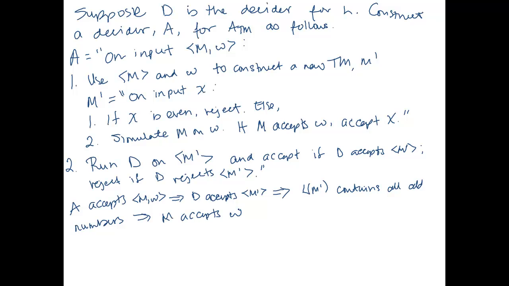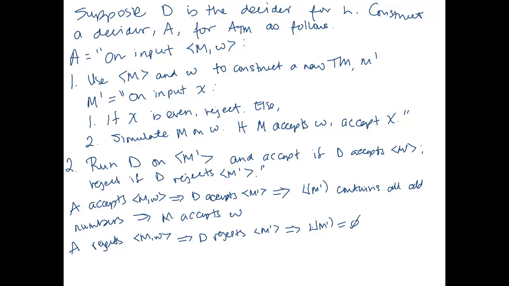So this is correct for acceptance, and let's check rejection. A rejects MW when D rejects M prime. When does D reject M prime? When the language of M prime is empty. The only things M prime is ever going to accept are odd numbers, and the only time it accepts odd numbers is when it accepts all odd numbers, when M accepts W. Otherwise, it accepts nothing.